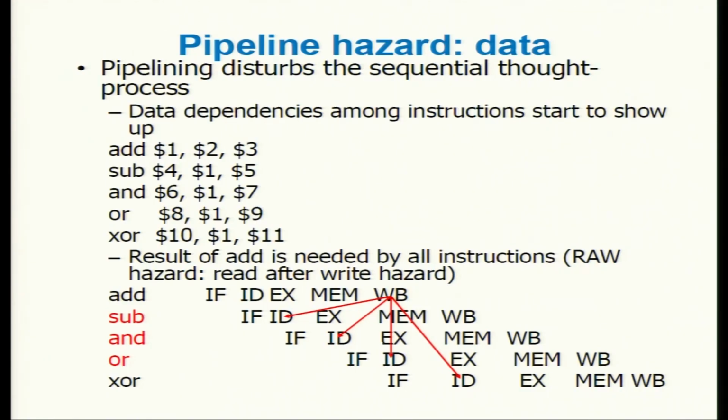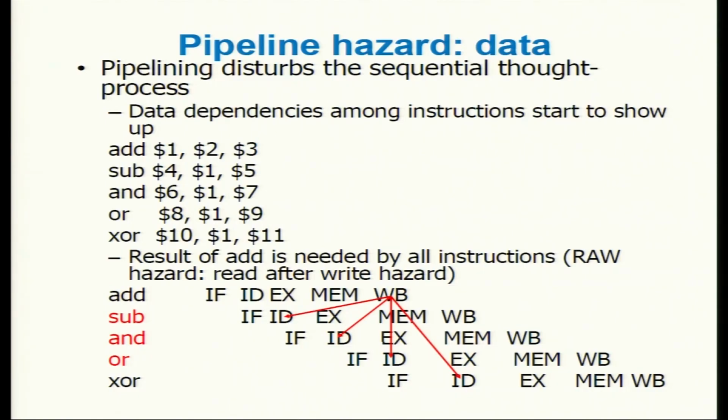Okay. So now if you look at the pipeline, this add instruction will be fetched here, decoded, executed. It will not access memory, but it will go through this stage doing nothing. And then it will write back the result of this add instruction to register 1. The problem is that the sub instruction here will read its source operands in this particular cycle, which also includes $1.